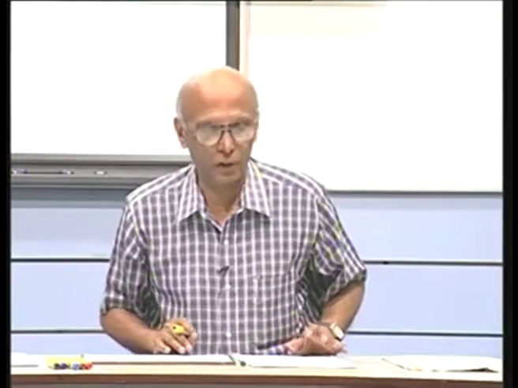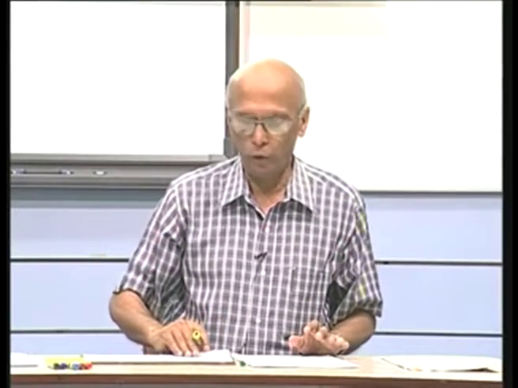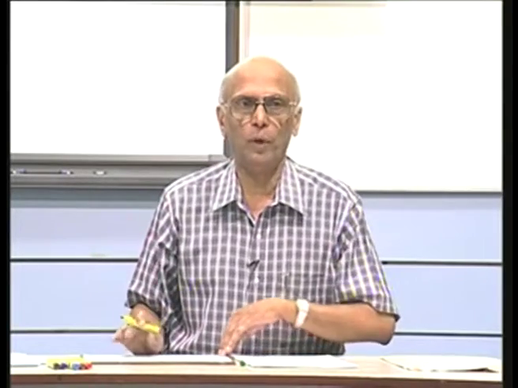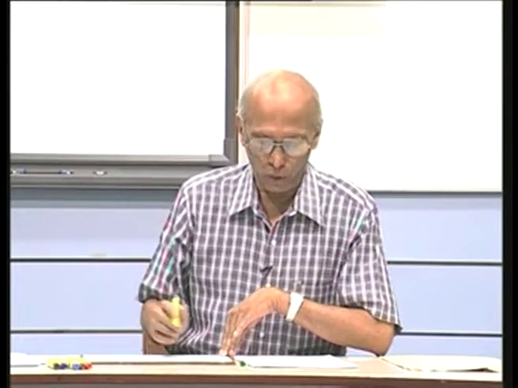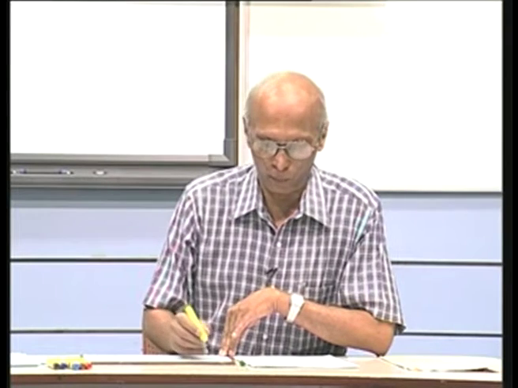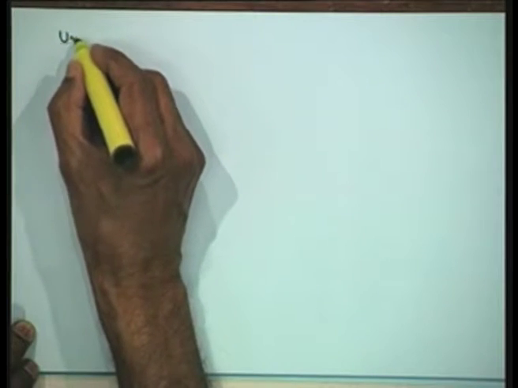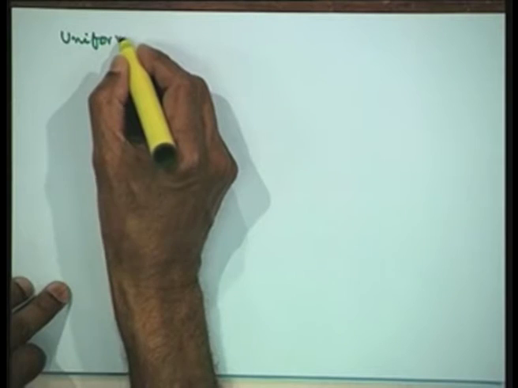Now, in our previous lecture we have defined the uniform approximation. Let us briefly review what we have done last time. We considered the linear polynomial approximation. So, let us write it as a uniform approximation.